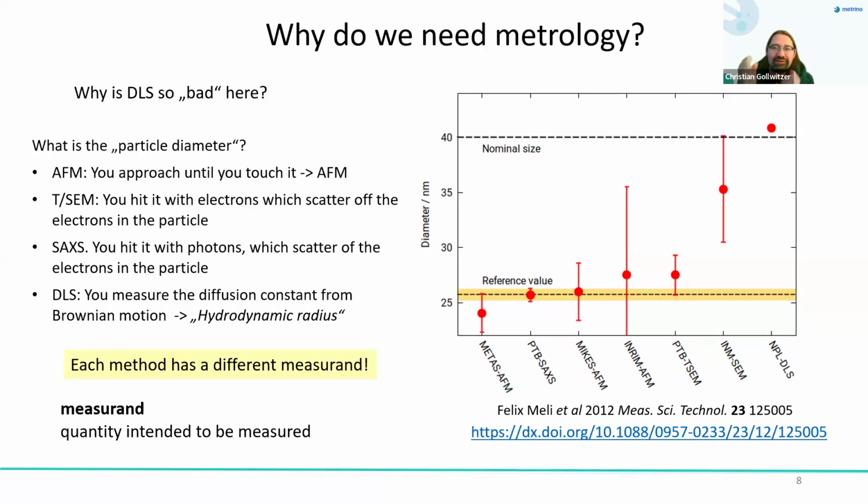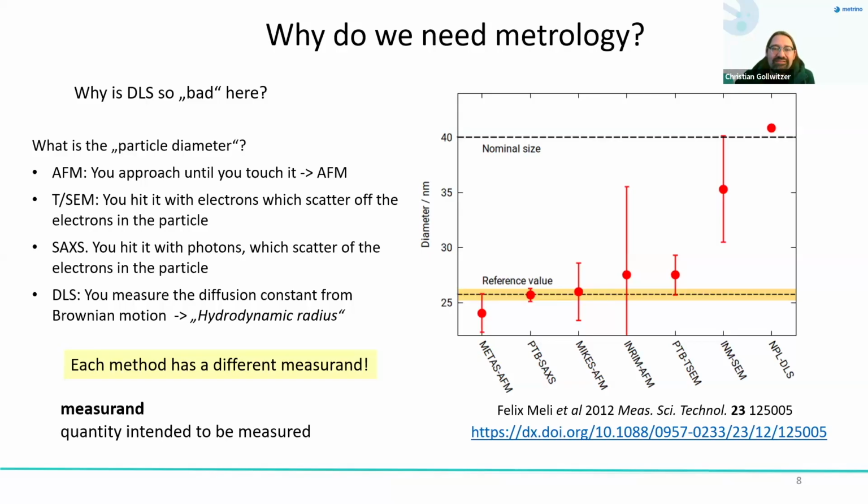So it's basically the diameter of the electron cloud contained in the particle. When you use SAXS, you do basically the same thing, you just hit it with photons. That's the reason why usually the diameter by SAXS and TEM is relatively comparable. And AFM, which interacts with the surface of the particle, is also more or less the same.